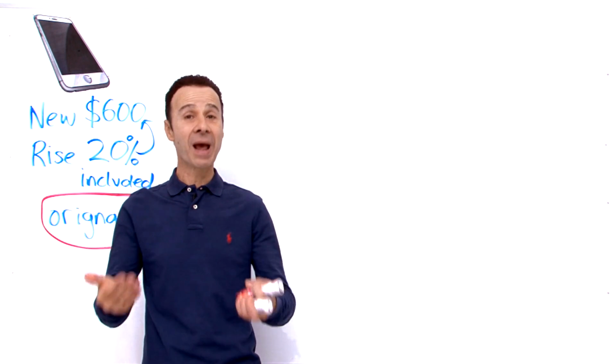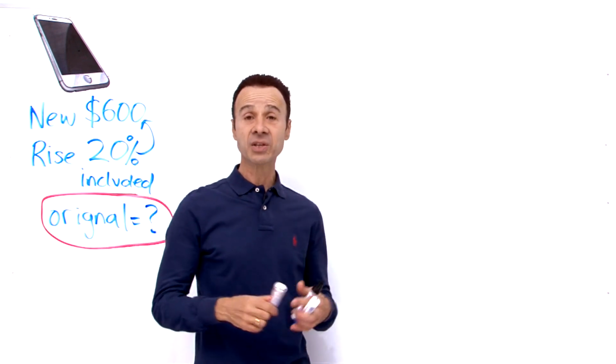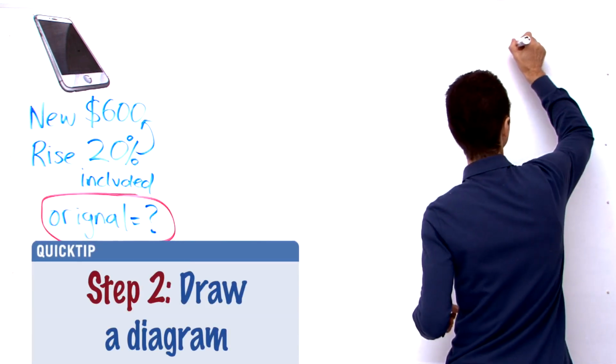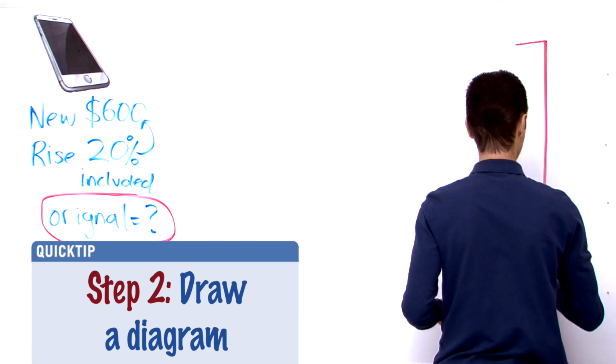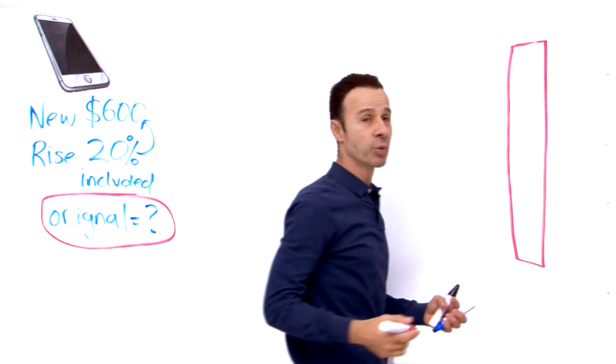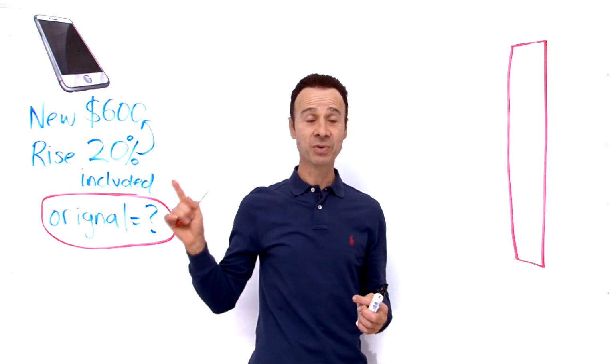Next thing I want to do, and you don't have to do this, this is just to help you gain more clarity, is draw a diagram to represent what we're about to do. In a diagram format, you just draw a little rectangle like this. Now, what do we have and what do we want? Right now, what we know is that the price is $600.